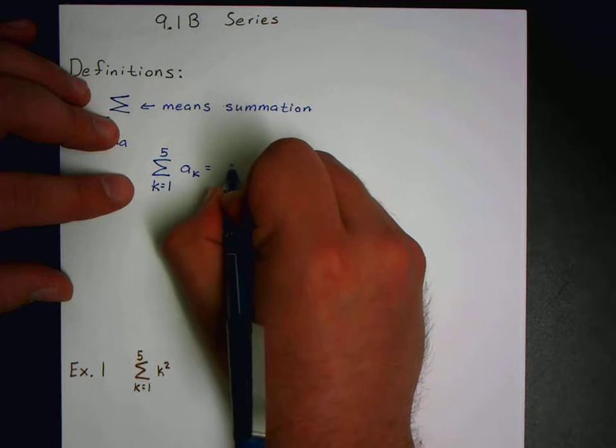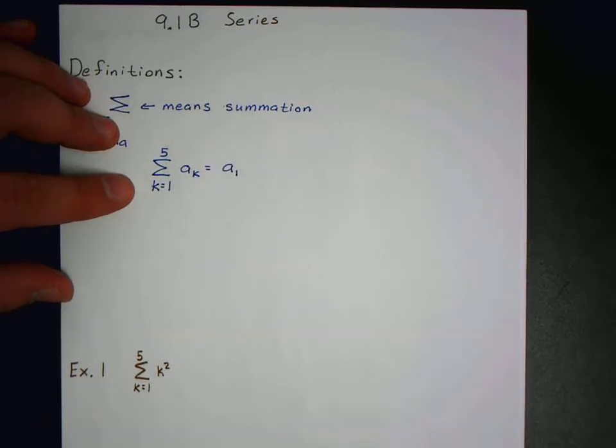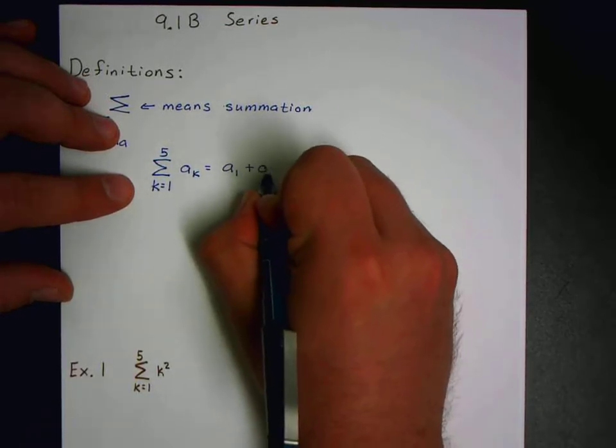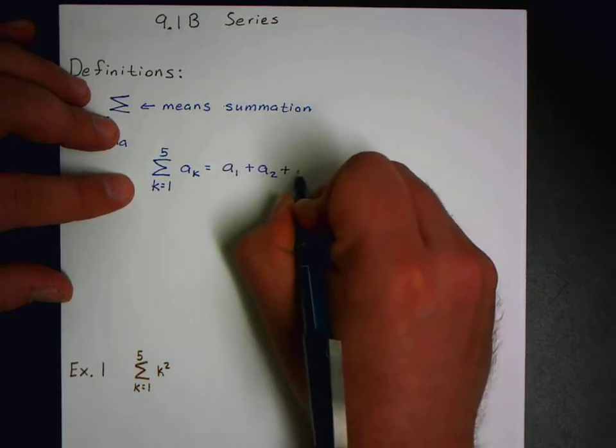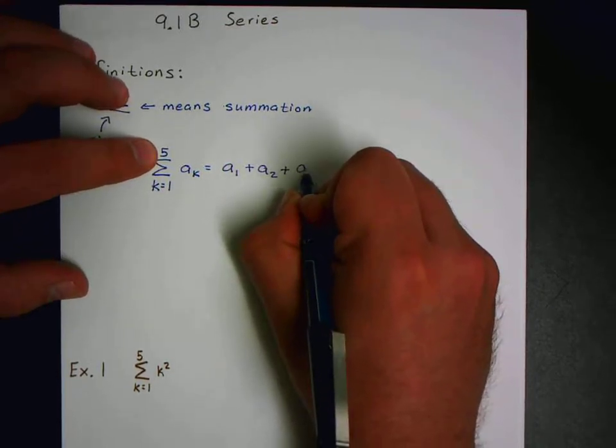So I'm going to take the first term. I'm going to add it to the second term. And I'm going to keep doing that until I get to the fifth term.